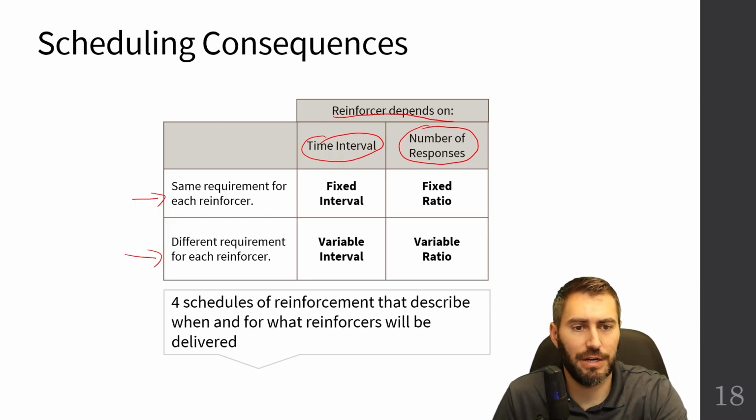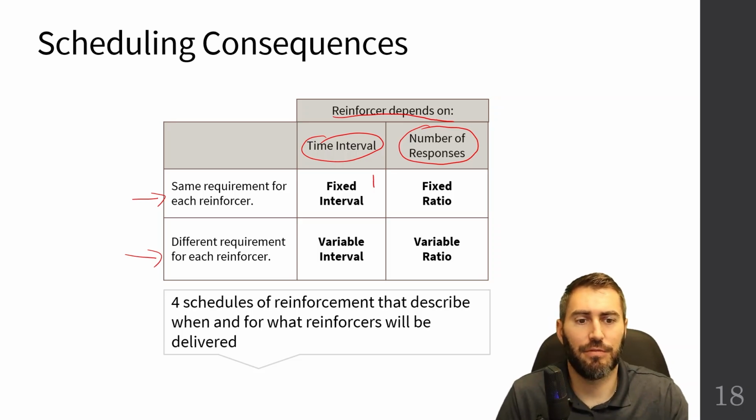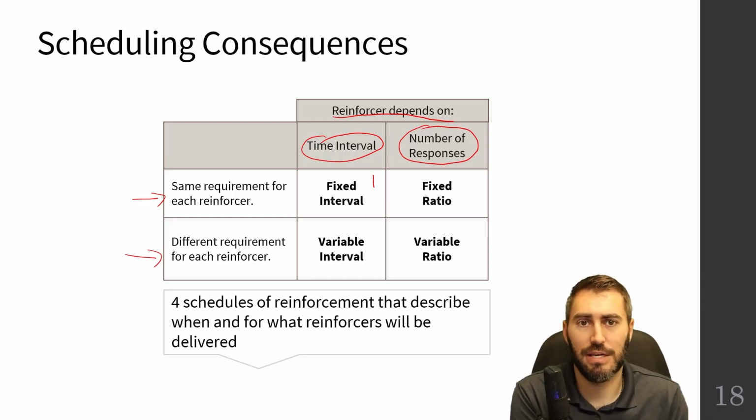The first one here is a fixed interval schedule. This is using time as a component, where every set amount of time, because it's fixed, some consequence is going to be given. That could be a positive or a negative consequence, but it is given at a set amount of time. So maybe every 10 minutes, we get some response to whatever we were doing.